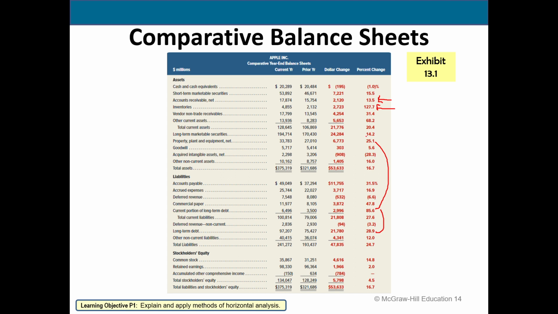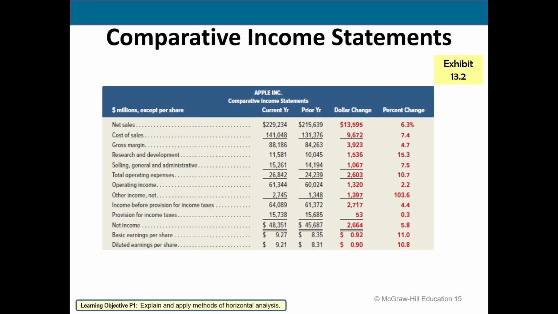Basically, we have to finance this expansion somehow. And if we don't have the cash to do so, then it's going to come from debt, and it may also come from capital. Those are just a few items that we can analyze when looking at these percentage changes. And the same will go for the income statement.